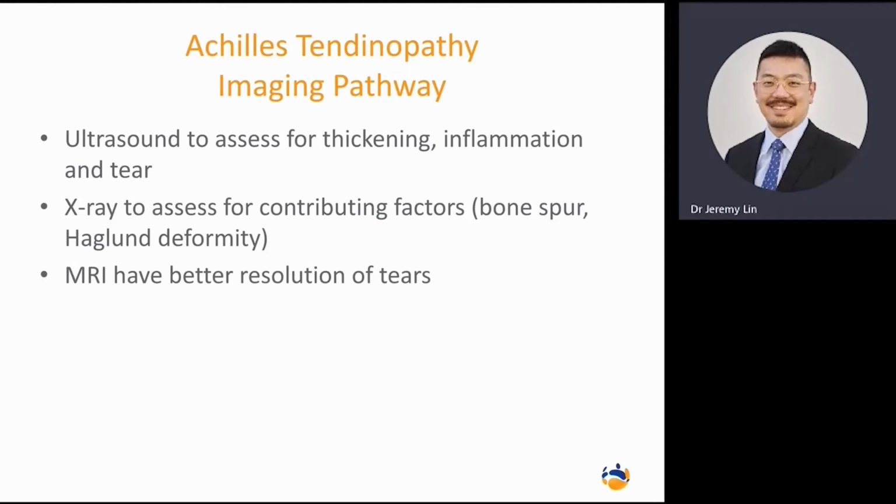In this situation, I personally think MRI's role is probably limited, because other than being better at finding subtle signs of tendinopathy and better visualizing intrasubstance longitudinal tears, you can get most of the information from ultrasound and X-ray alone. What MRI does help with is in equivocal cases where you're not sure what's causing it. It gives you an overview of the whole posterior ankle to look for other potential causes of posterior ankle pain.